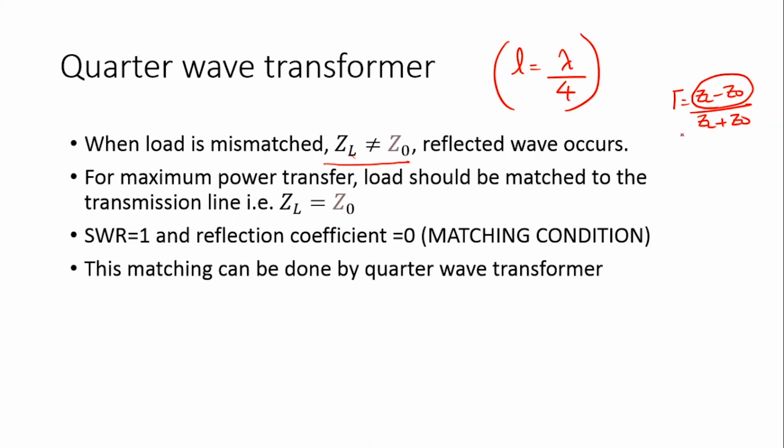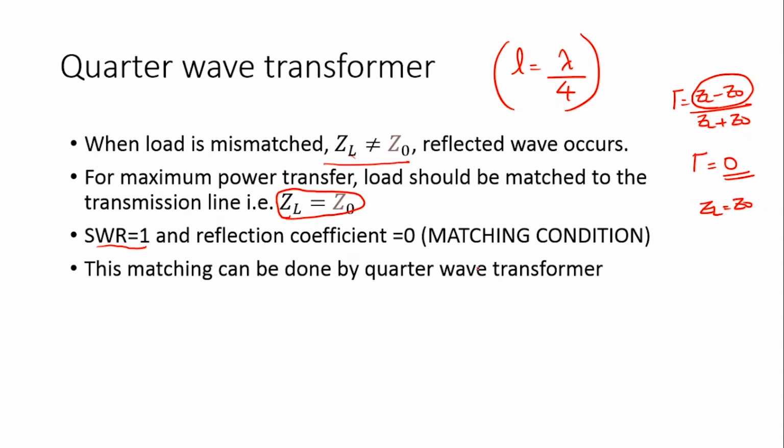For maximum power transfer, for no loss, reflection coefficient should be 0. For that, ZL should be equal to Z0. So what is our requirement? We need reflection coefficient to be 0, and for that ZL should be equal to Z0. Standing wave ratio will be 1. So this is the matching condition. This can be done using quarter wave transformer.